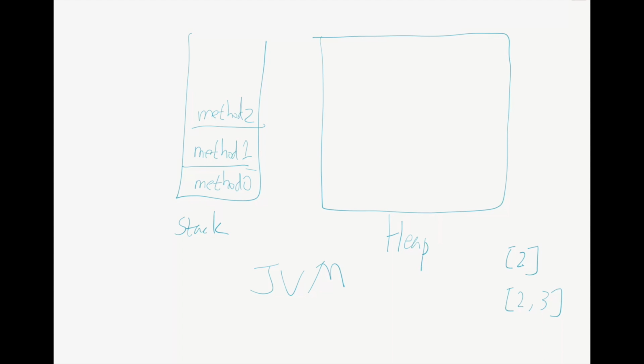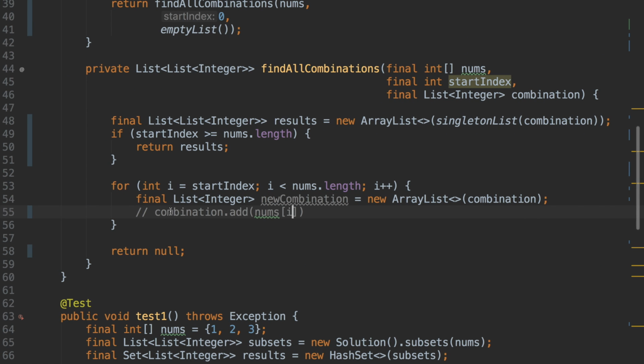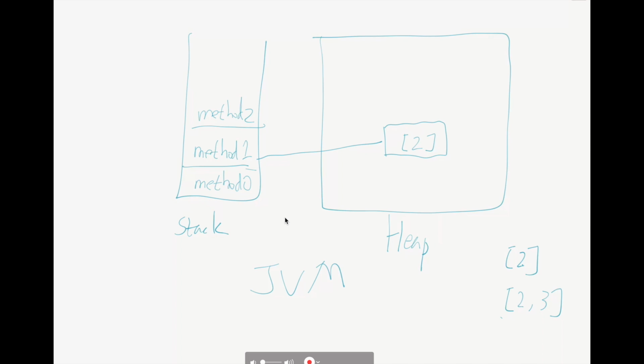Say method 1 already created an object which has element 2. If we do this, we are not creating a new object. We're just operating on the old object. Now we are changing it to 2, 3. So in the end, we will not have a set of many lists. We will just have a set of 1, 2, 3.